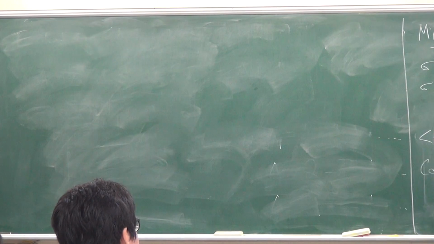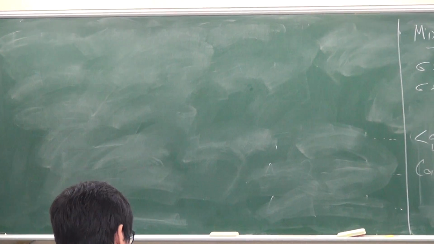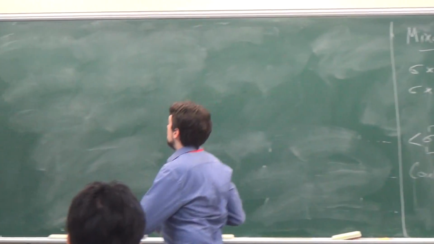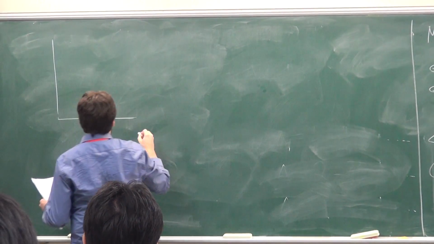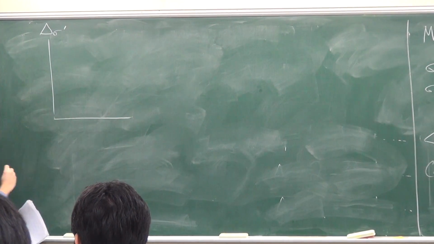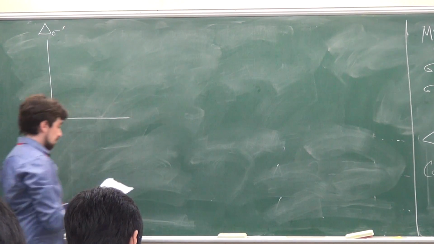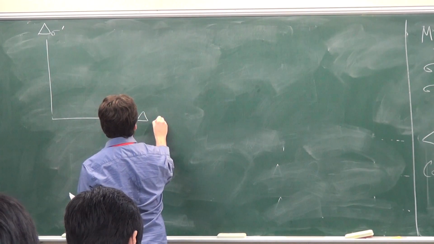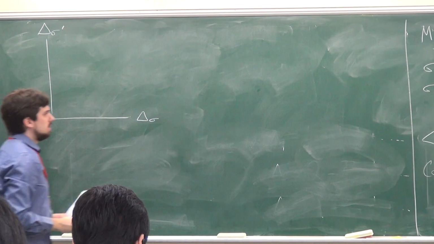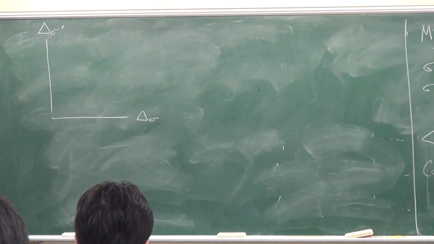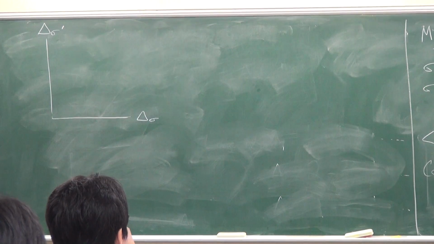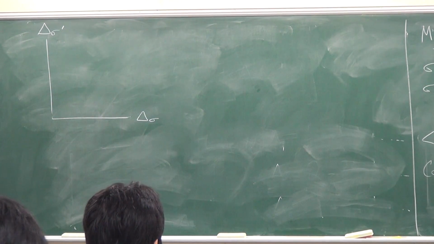So the first thing we have access to now is the spectrum of Z2 odd operators appearing in this sum. So we can try to place a bound on the dimension of sigma prime, let's say as a function of the dimension of sigma. Now, we also have epsilon floating around as an external operator. And all the bootstrap equations depend on the dimension of epsilon.